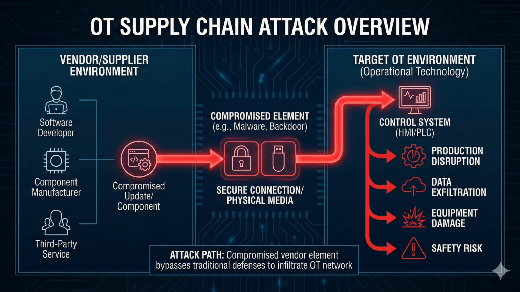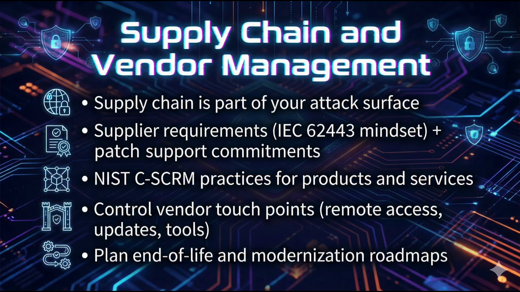ISA/IEC 62443 encourages lifecycle thinking across stakeholders, including secure development practices for products and requirements for service providers. Translate that into procurement language. Patch support commitments, secure update mechanisms, logging capabilities, and documentation of security features and limitations.